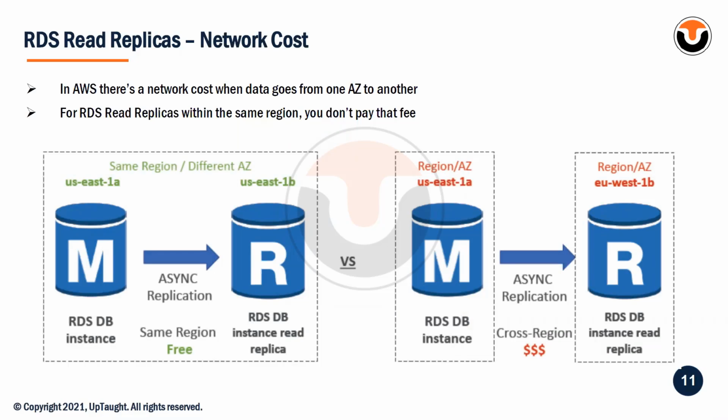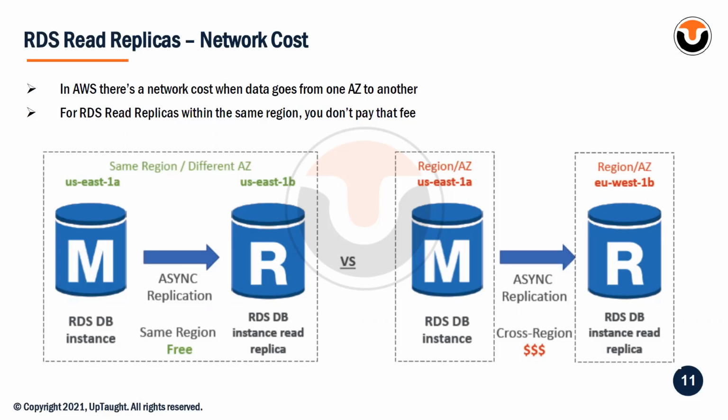So imagine if I'm creating a read replica, how is it going to affect my cost, right? You need to be really mindful when using AWS services of the impact it will have on your databases. So you can see that when you are replicating within the same region, there is no network cost associated with it.